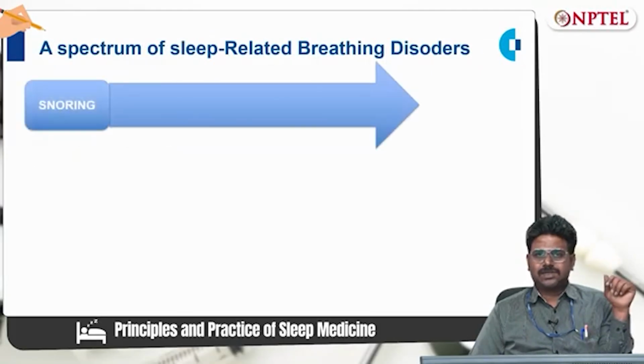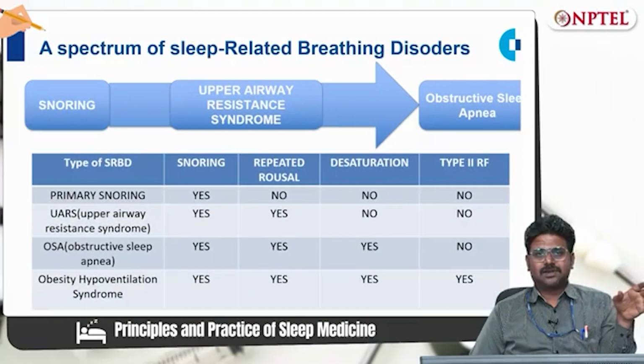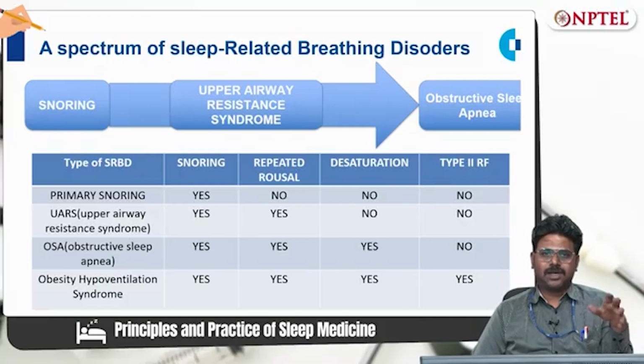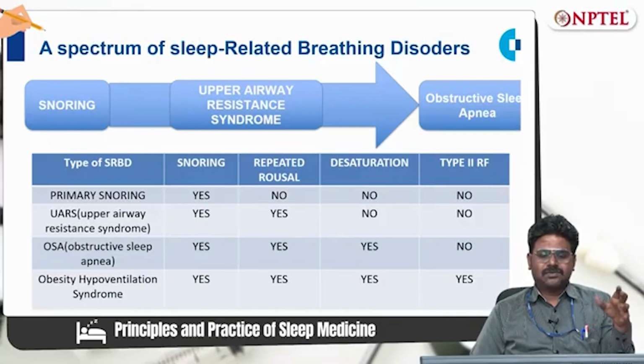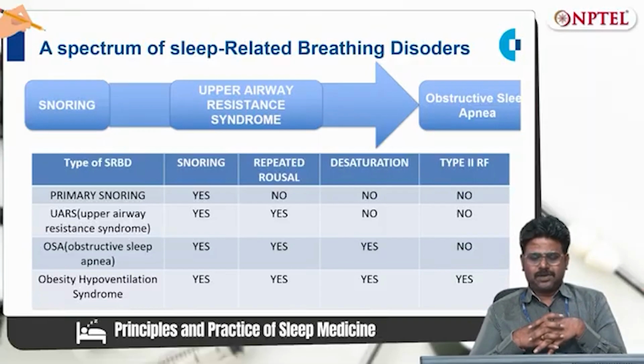In this slide we are going to see the spectrum of sleep-related breathing disorders, where patients can present with snoring, upper airway resistance syndrome, or obstructive sleep apnea. The variants include primary snoring, upper airway resistance syndrome, OSA, or obesity hypoventilation syndrome.